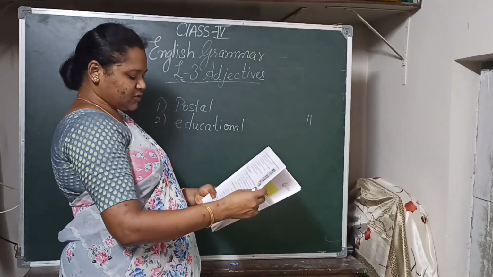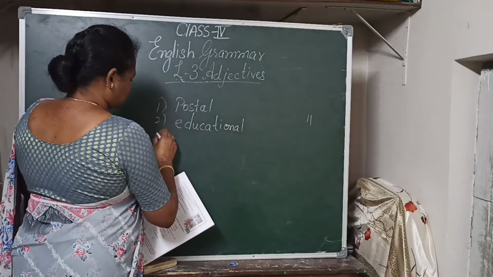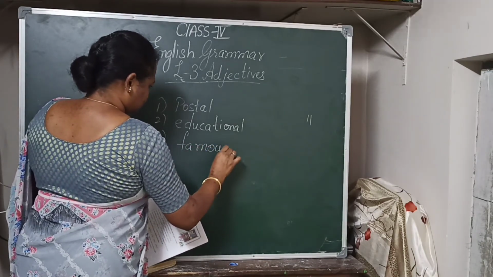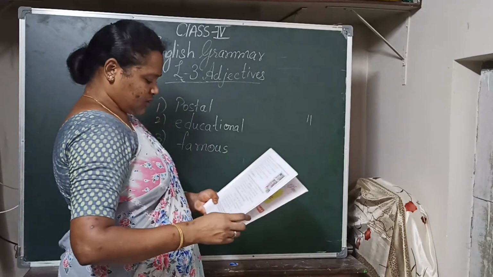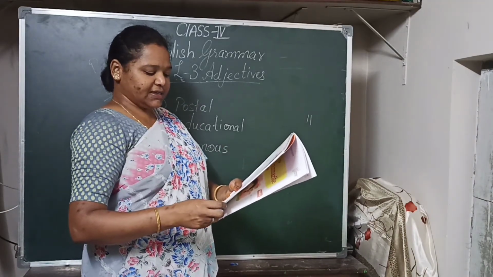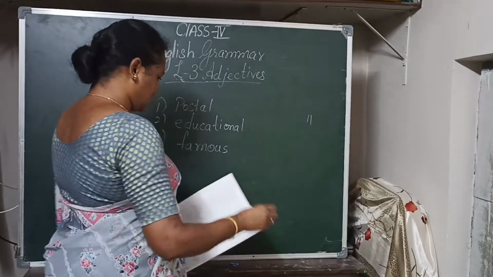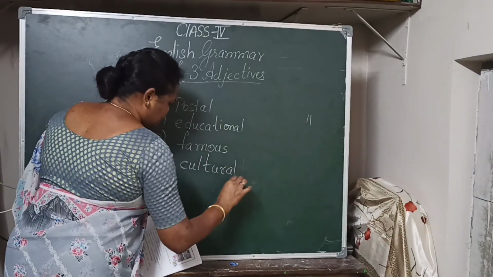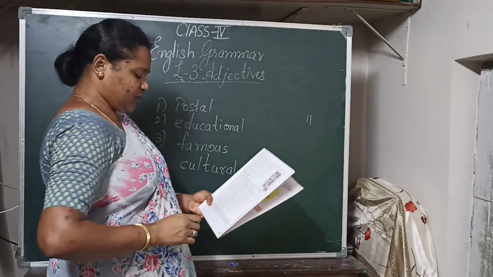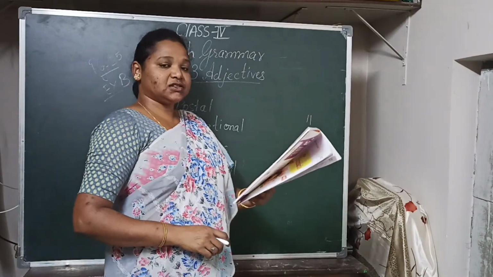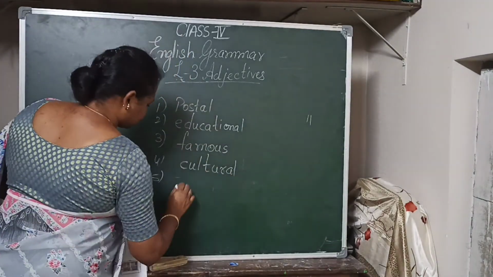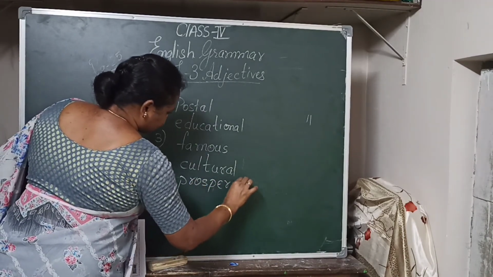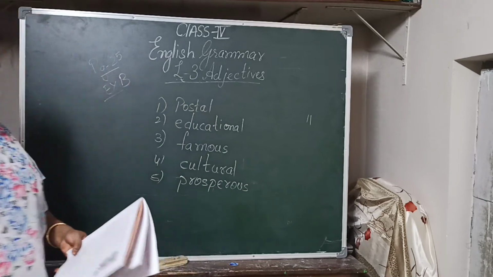Third one: Sidewinder is not a dash town. Famous. Fourth one: the Music Academy organized a big cultural event. Cultural. Fifth one: Belinda is a dash writer. Prosperous. Copy it down, children.